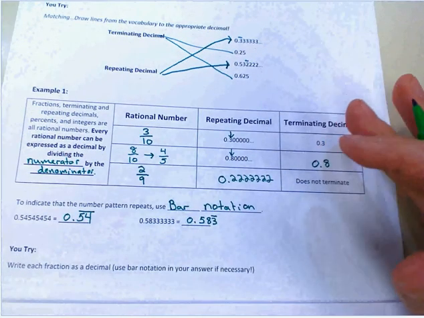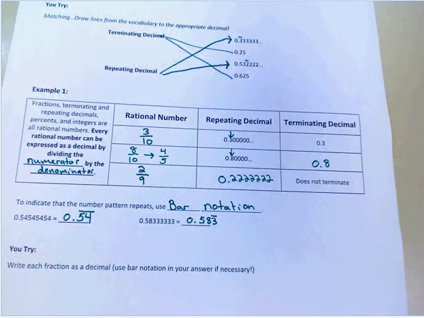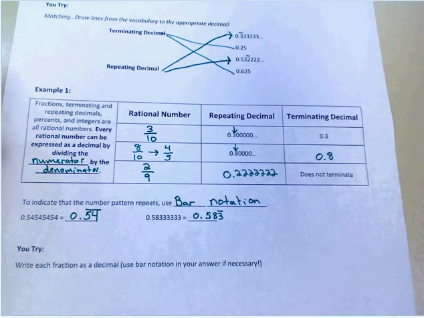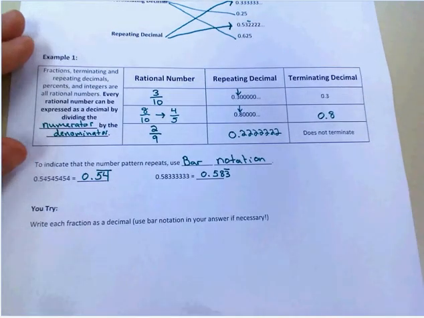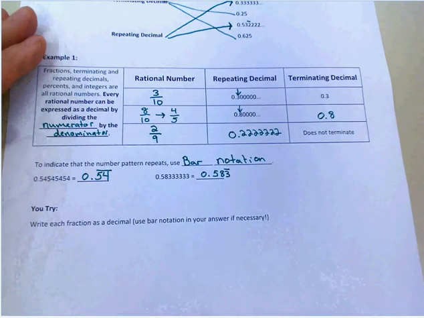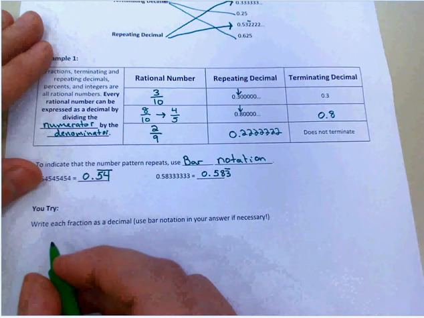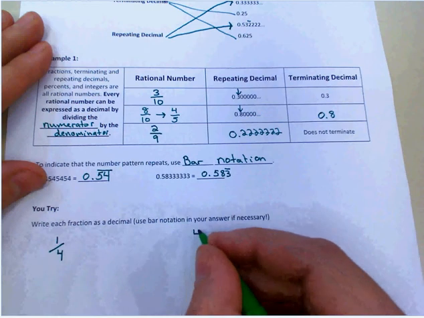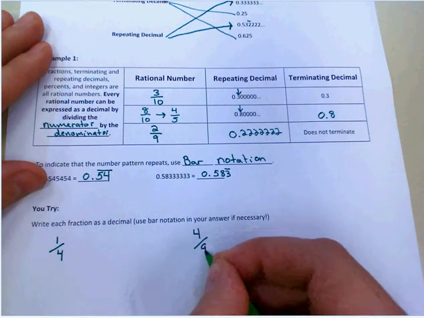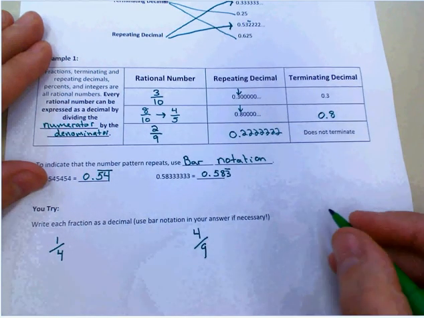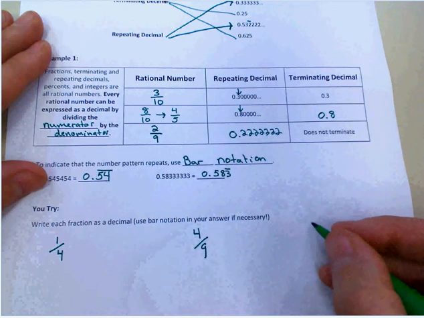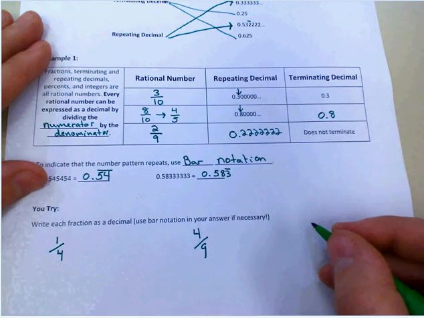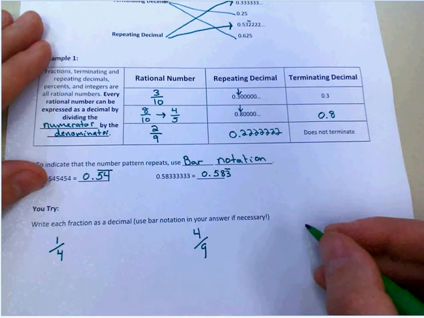I want you to go ahead and pause, and you try. Okay, so there's not one there, but I'd like you to try these 3 fractions: 1/4, 4/9, and 7/20.